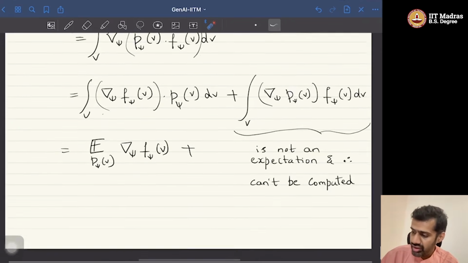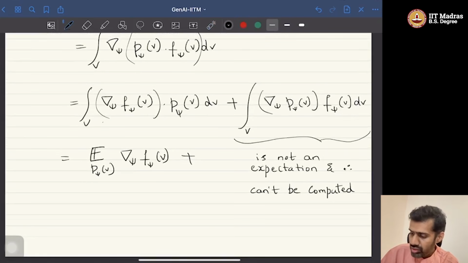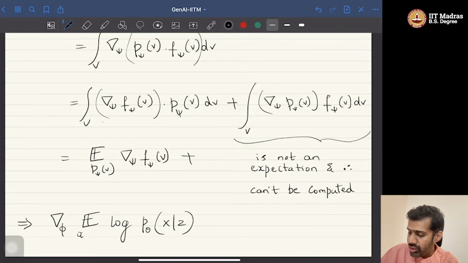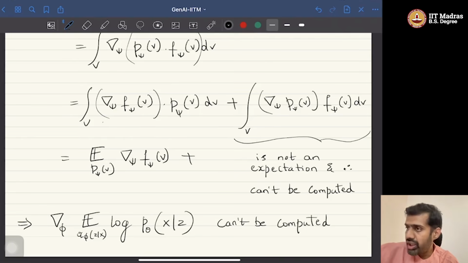So this implies that the gradient of the expectation of log of p theta x given z with respect to q phi of z given x cannot be computed. So here, by definition, the z is coming from q phi of z given x, right?